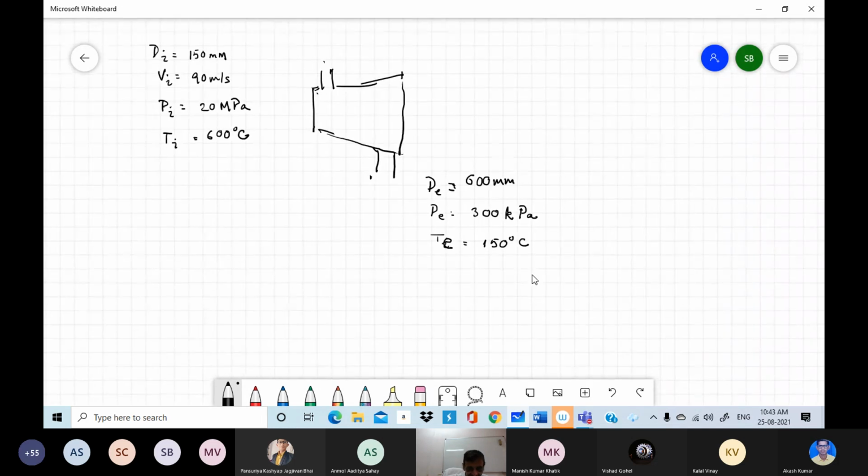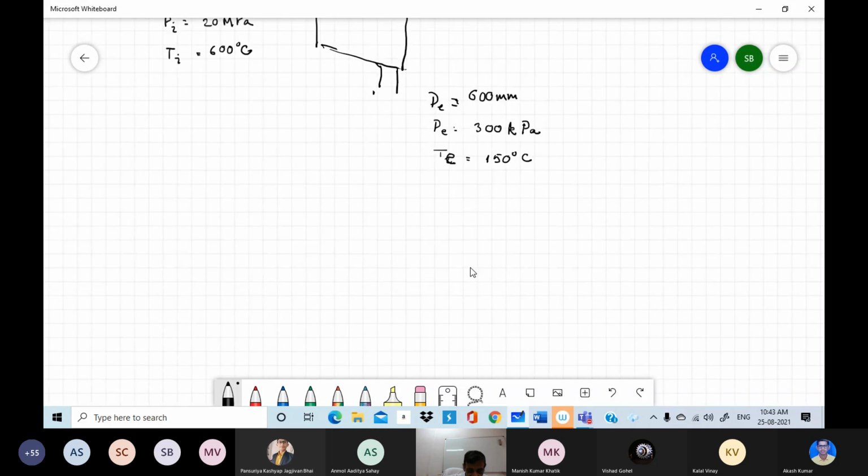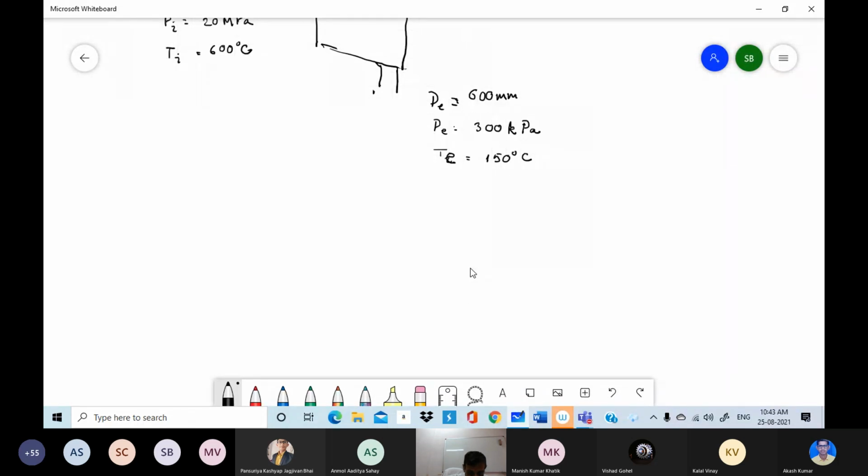So let's try to understand how things vary as we vary the pressure and temperature.